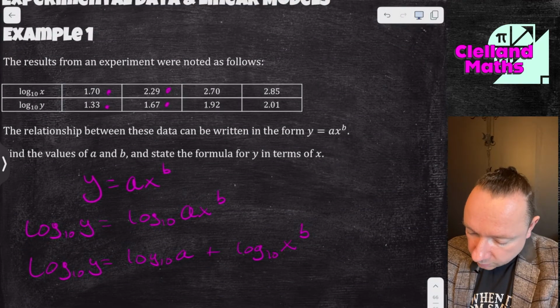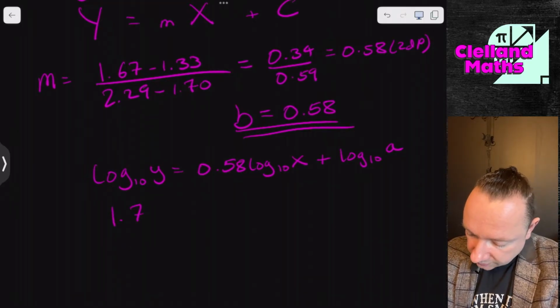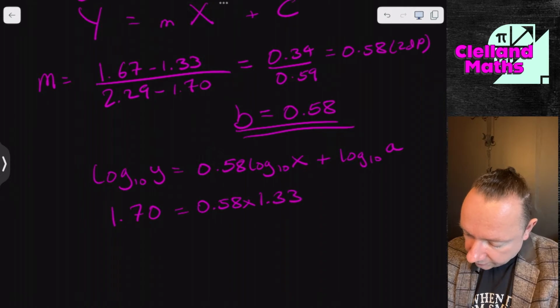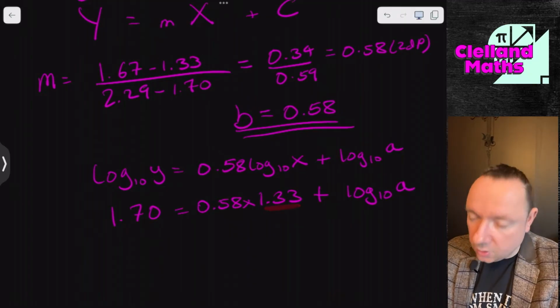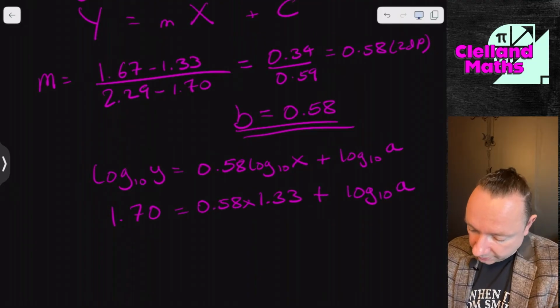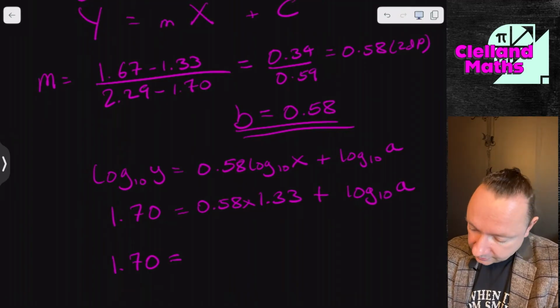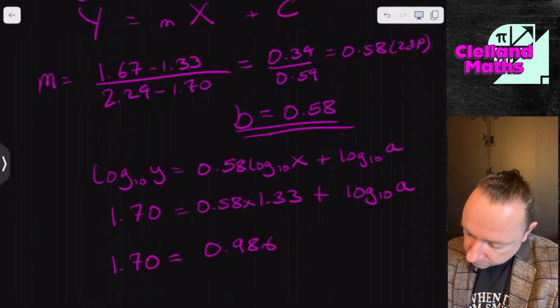So let's sub in a point. We've got 1.33 and 1.7. So 1.70 equals 0.58 times 1.33 plus log base 10 of a. Now notice I'm subbing them straight in because it's quoted to us in terms of log base 10 x and log base 10 y. So we can just work on that and solve it. 1.70 equals 0.986, use a calculator, plus log base 10 of a.